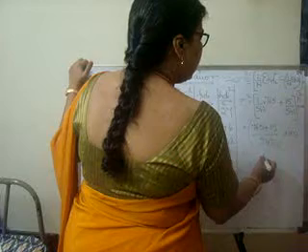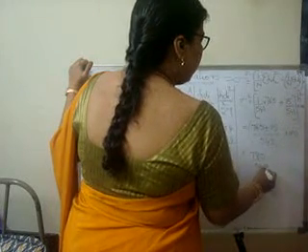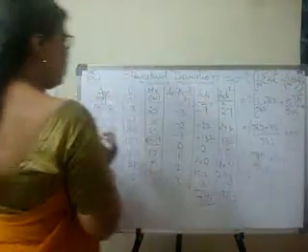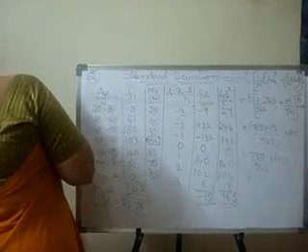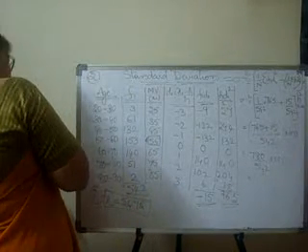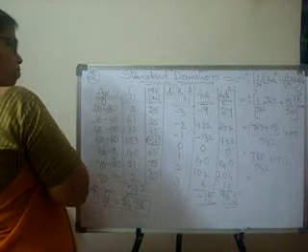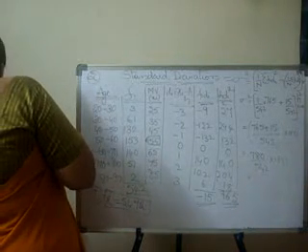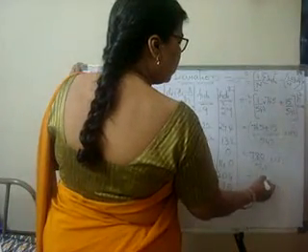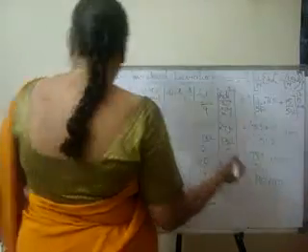So this would be 780 divided by 542 into 100, which equals 100 into 1.47.